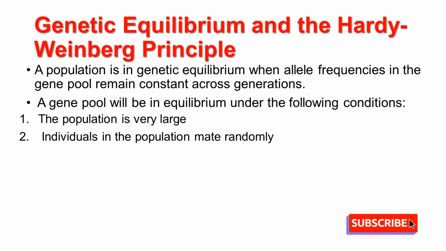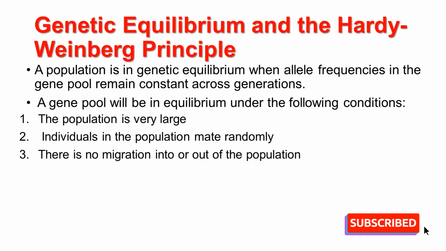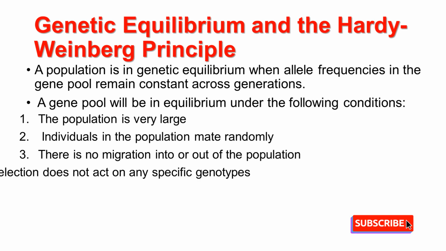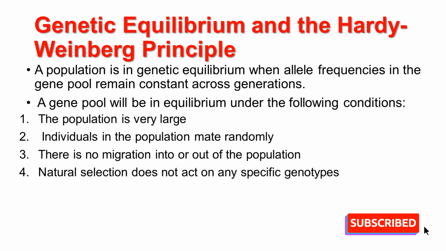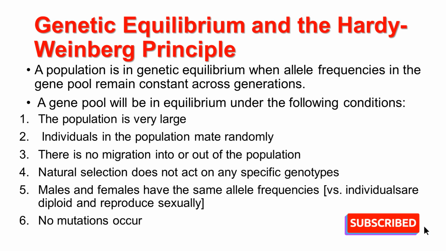Individuals in the population mate randomly. There is no migration into or out of the population. Natural selection does not act on any specific genotypes. Males and females have the same allele frequencies, and individuals are diploid and reproduce sexually. No mutations occur.